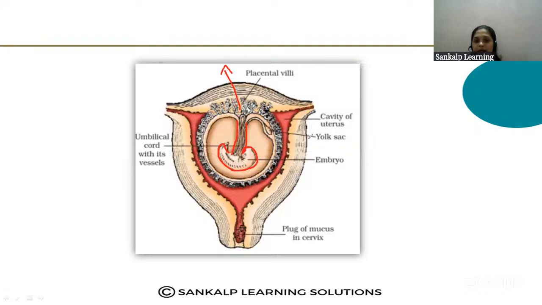This is the yolk sac, which is very small in humans, and this is the embryo. And there is the plug of mucus in the cervix. In the cervix region, you can observe the mucus. So this is the structure of the developing embryo.